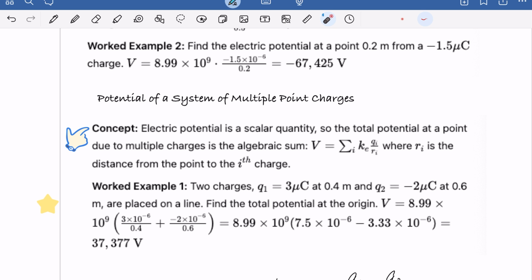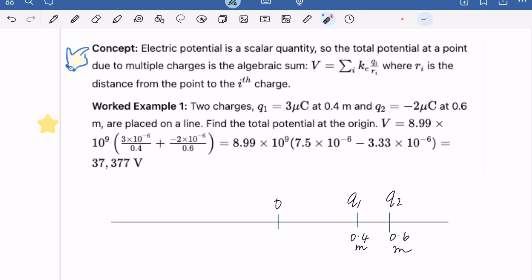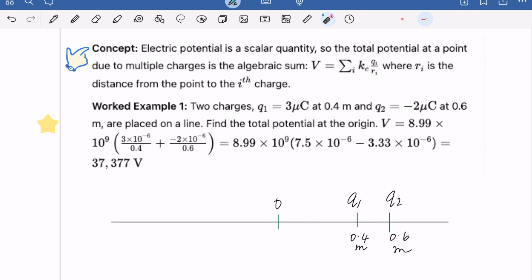What if you had a lot of charges? Like you had Q1, you had Q2, you had Q3, and so many charges. Not necessarily in a straight line, but it could be all around. And what if you wanted to find the potential due to all of them at this point? Well, it's easy because potential is a scalar. We can just calculate the potential due to each individual charge at that point and then sum them up.